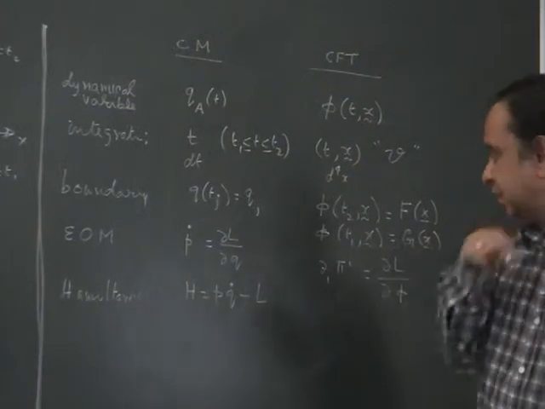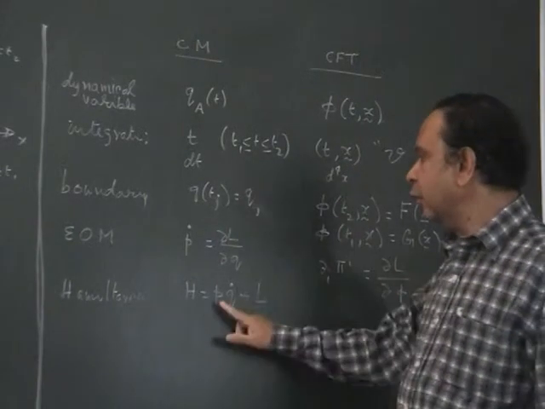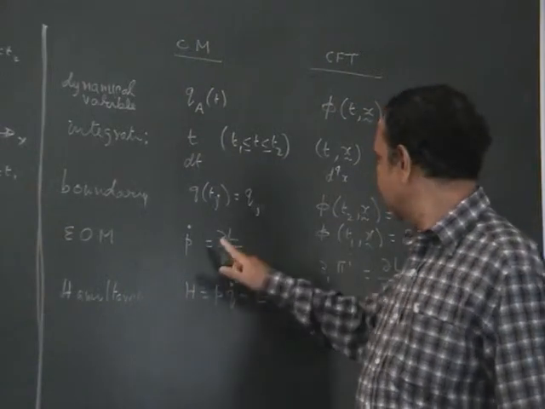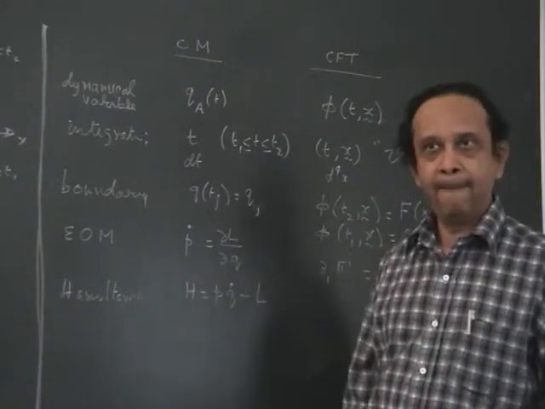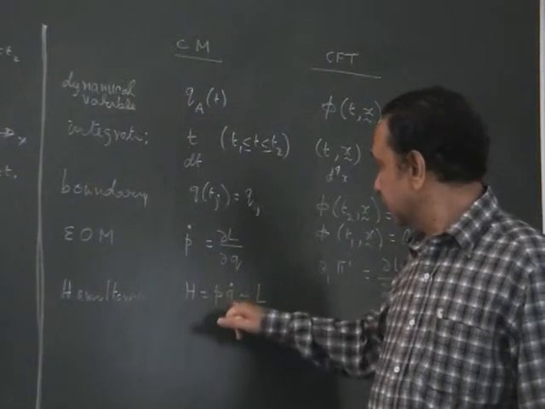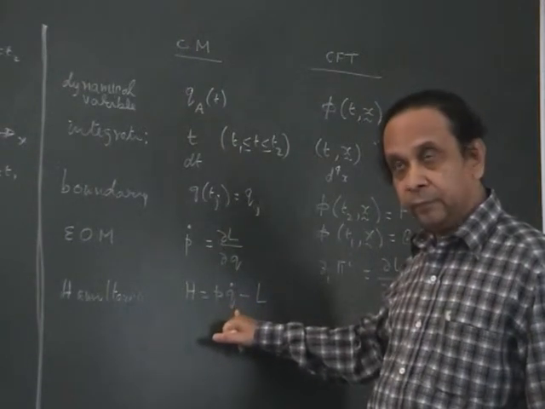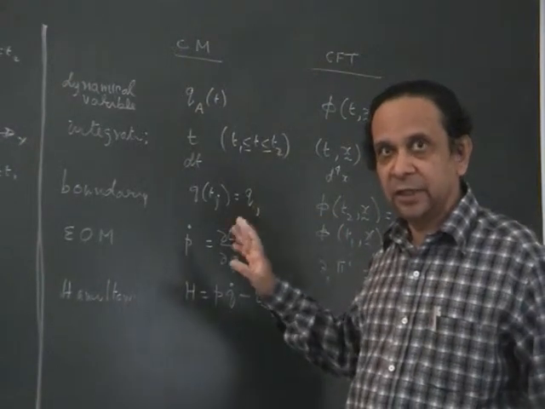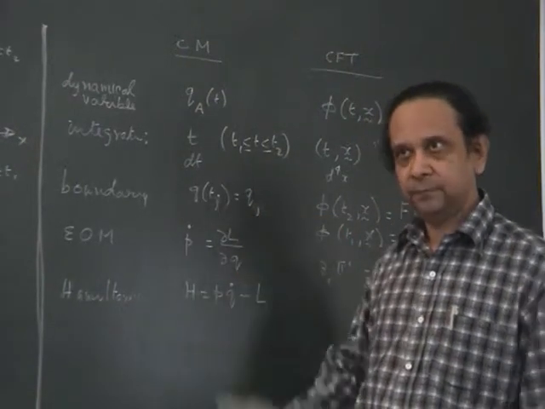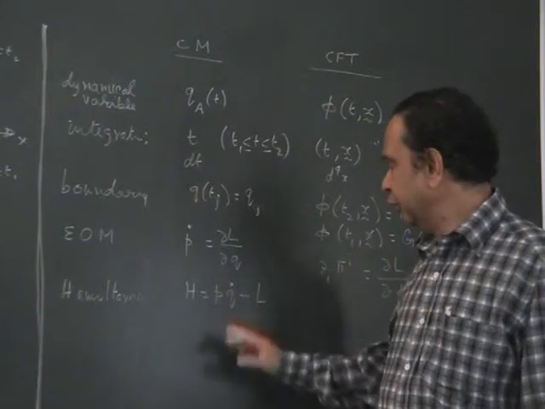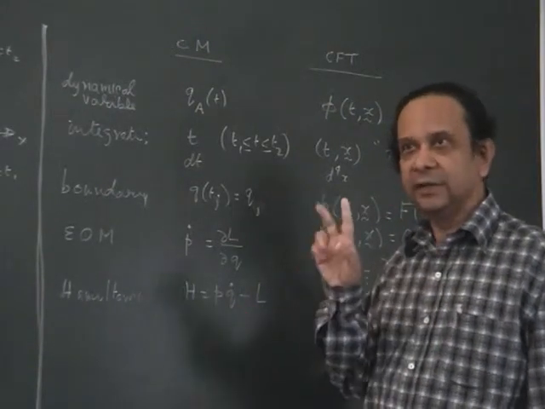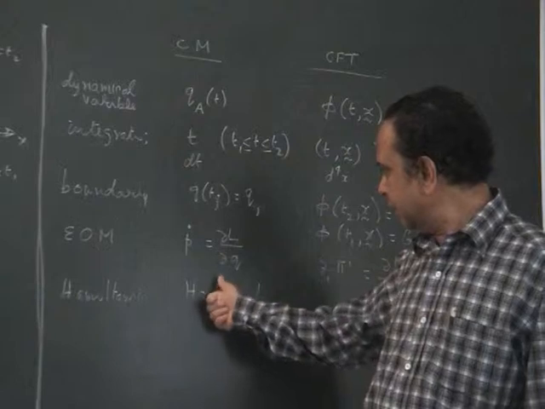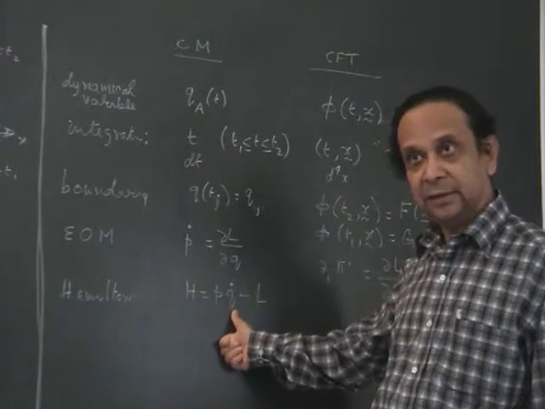So what does H generalize to? Okay, we know what P is going to become. P is going to become pi A, right? So the Q dot is going to become a derivative of the field phi, because I can't just have a derivative with respect to time. So you immediately realize that it has to have two indices, because I cannot have just pi A and just the same index.